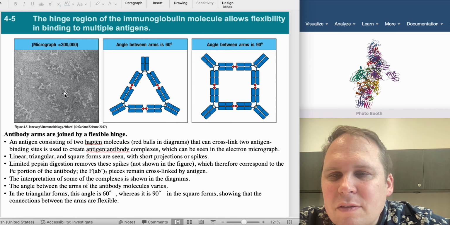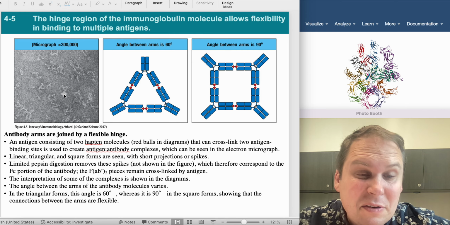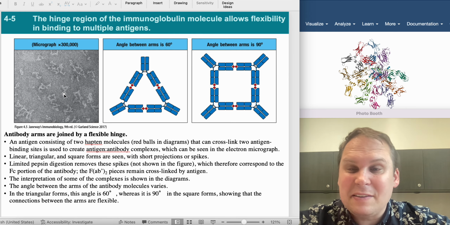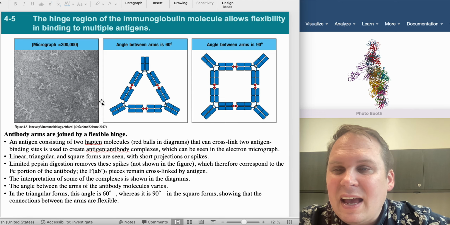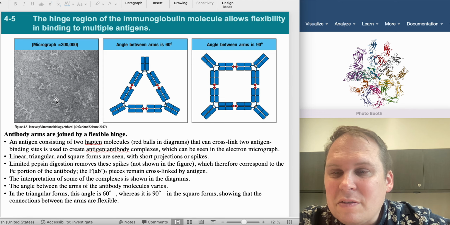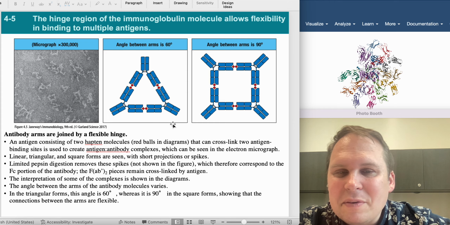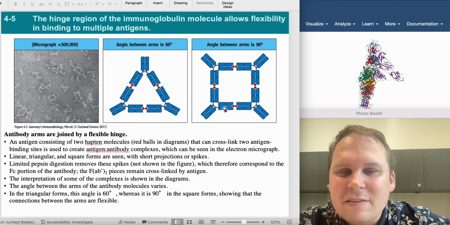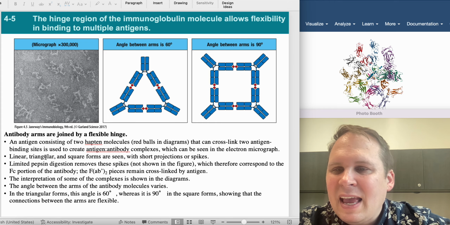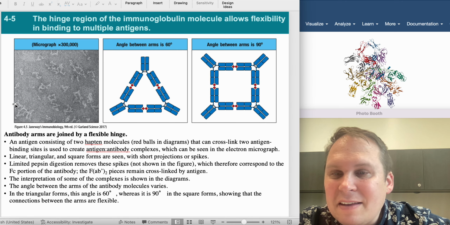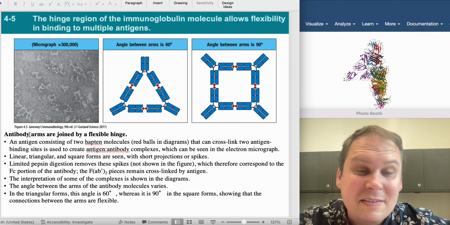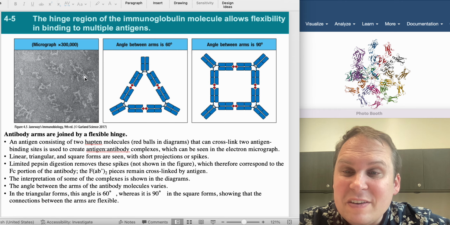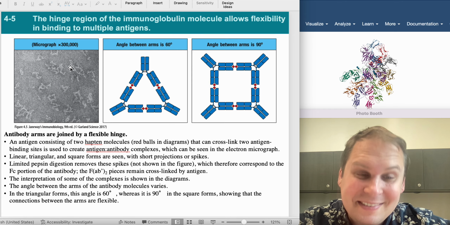This is actually an electron microscope picture of antibodies holding on to antigens. You'll see some triangles in there. You'll also see some squares, which are going to be 4 antigens held by 4 antibodies. And you'll see what looks like a pentagon down here, which is probably 5 antigens and 5 antibodies. Look at that little squished hexagon. That could be 6 and 6.